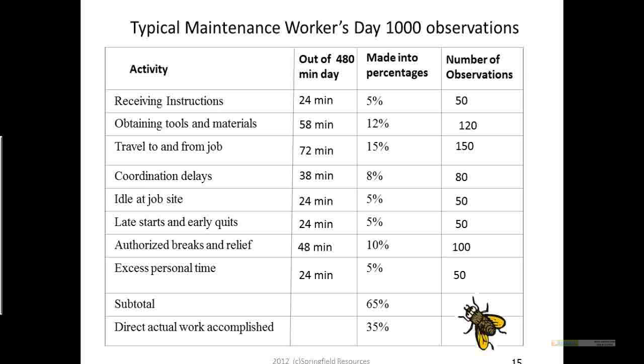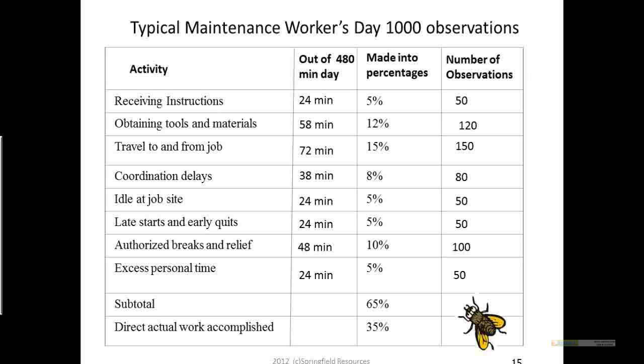And then we're spending 15% of our time on travel to and from the job. And it could be a couple of trips. We get stuff, we go start the job, and then halfway through we realize we don't have something, so we go back and go forward.